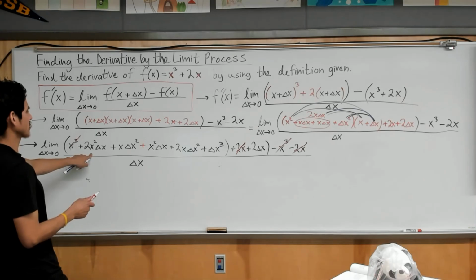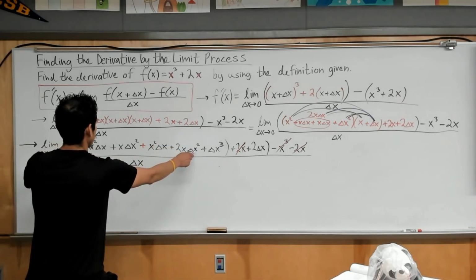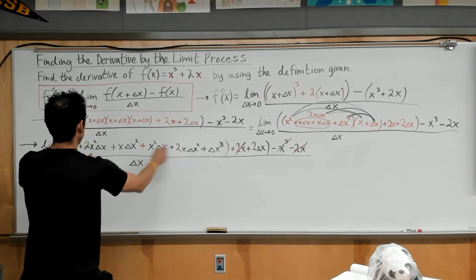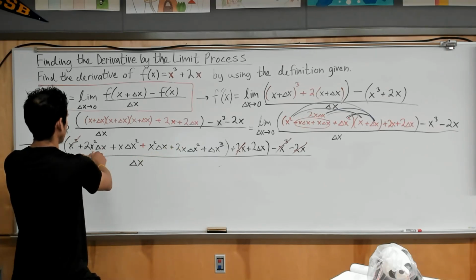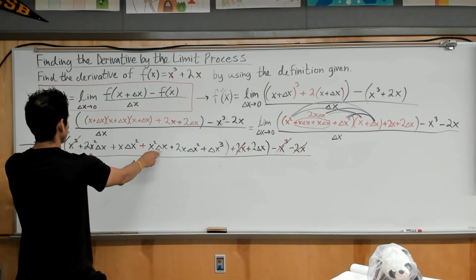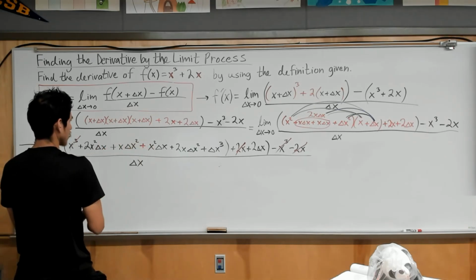So let's see if we have any x squares. So 2x squared delta x and x squared delta x, so these will combine. So we'll have 3x squared delta x.